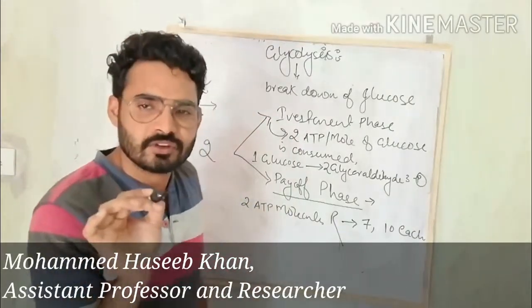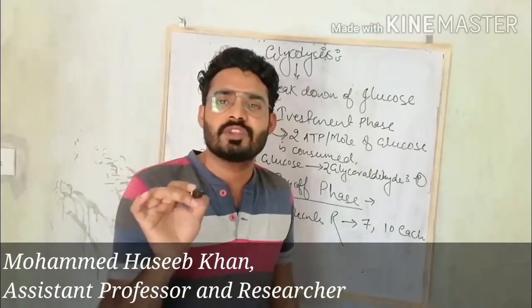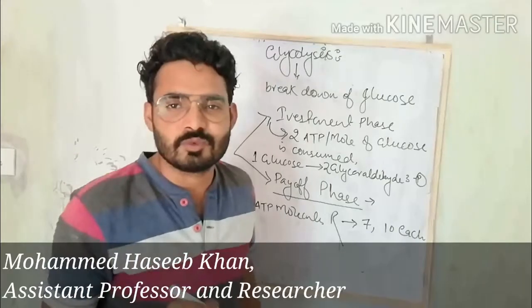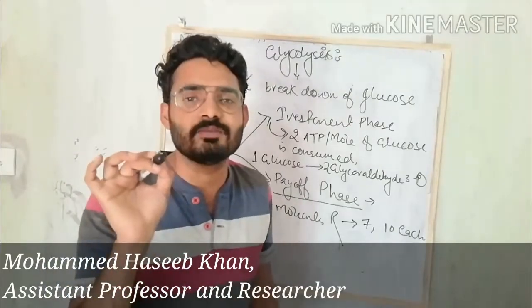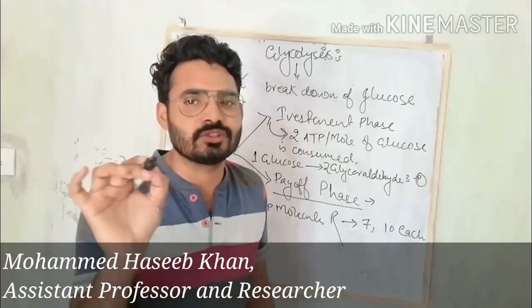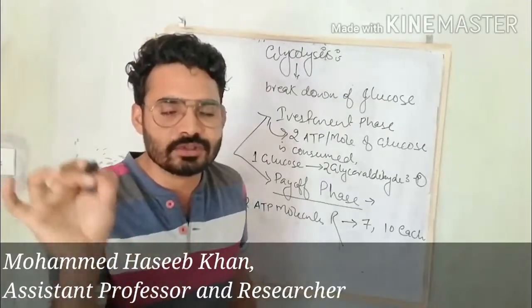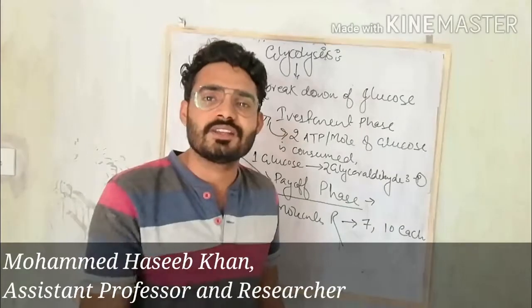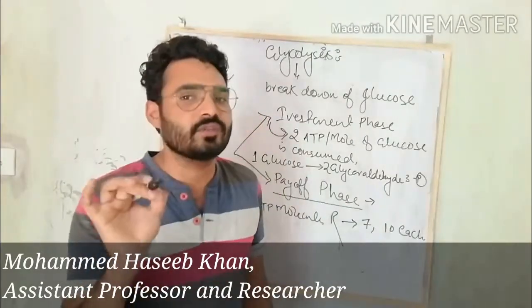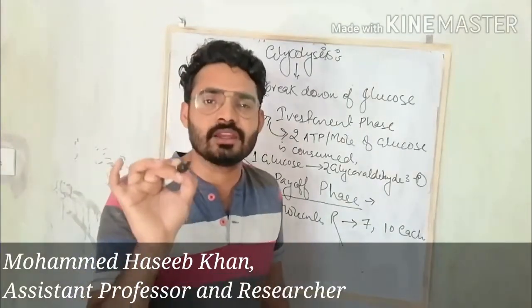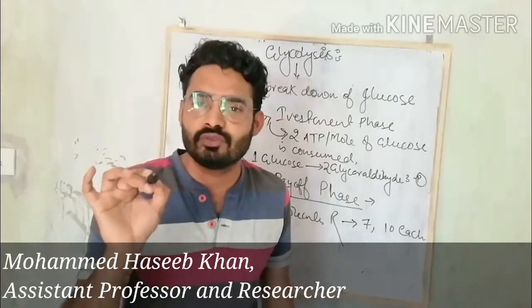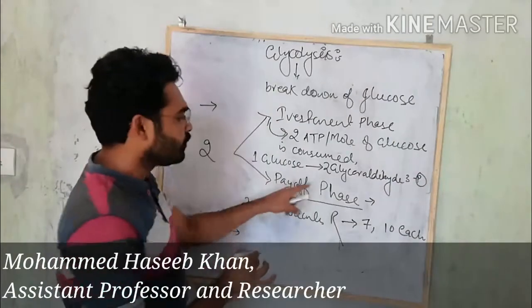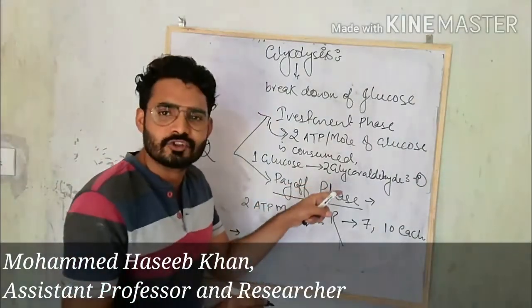Step number 7 is known as a step that undergoes substrate level phosphorylation to yield ATP from ADP. So 2 ADP molecules get converted into 2 ATP molecules in step number 7, and similarly the same happens in step number 10, where we again get 2 ATP molecules, right?